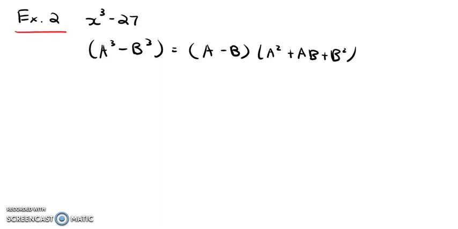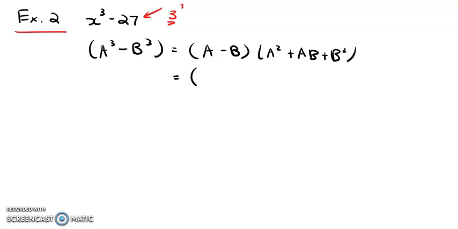We're going to want to use this formula. We also want to identify that x is going to be the cube root of x cubed, and then 27 is 3 cubed. So we're going to be using 3 when we expand and factor this formula.